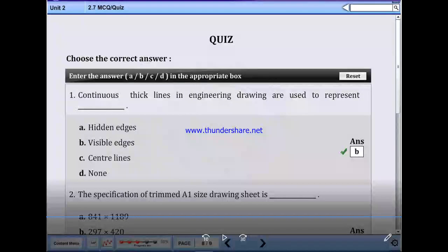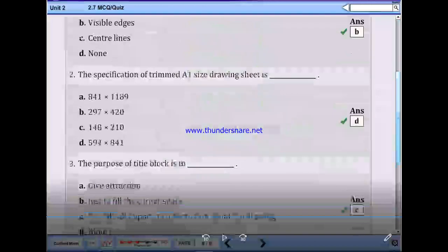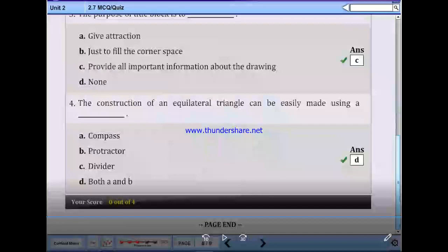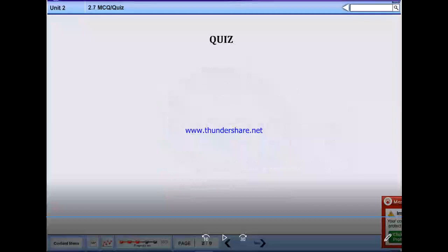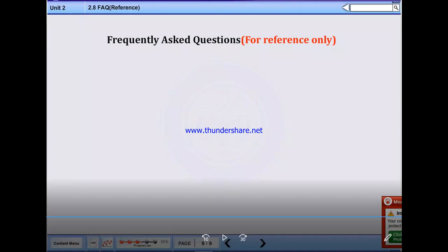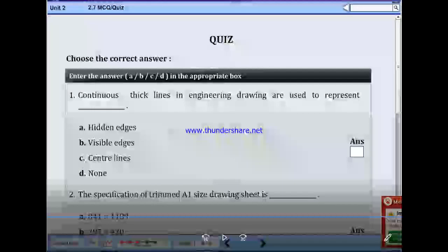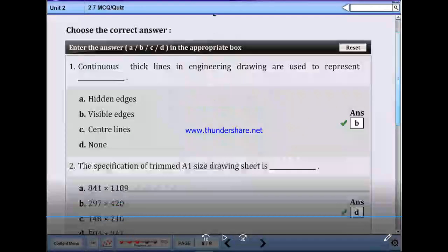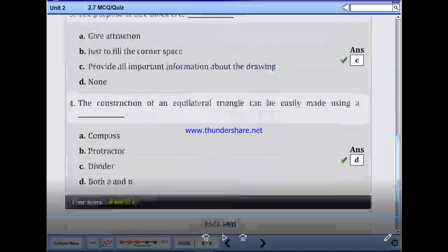The specifications of trimmed A1 size drawing sheet is D, that is 594 and 841.